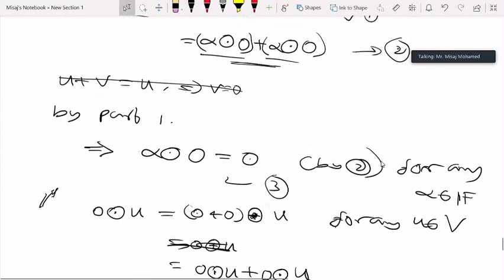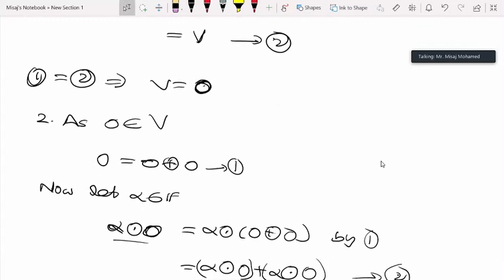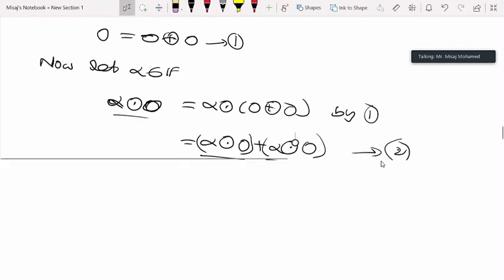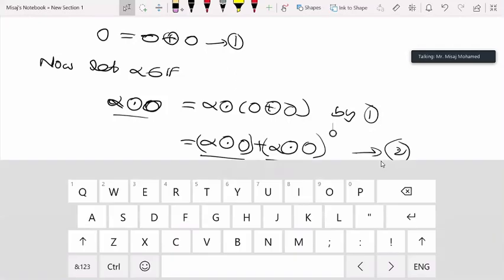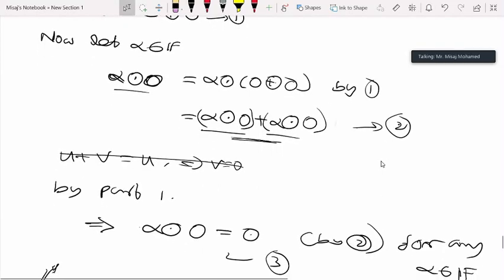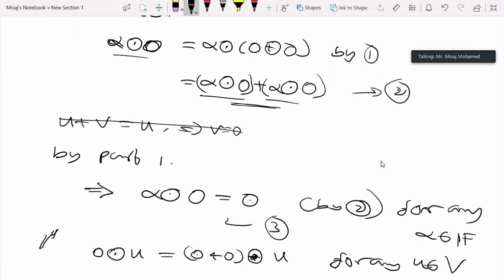So the second part is, as 0 is in V, 0 is equal to 0 plus 0. Let alpha be in F, consider alpha dot 0. Instead of 0, we can put 0 plus 0. By part 1, definitely this is 0, and in the proof of part 1 we have proved this.